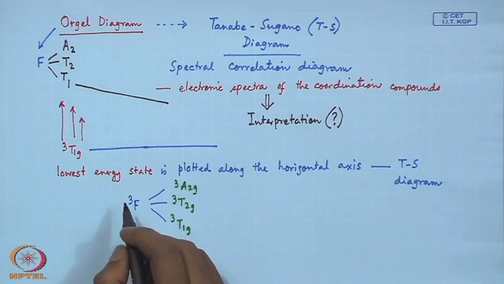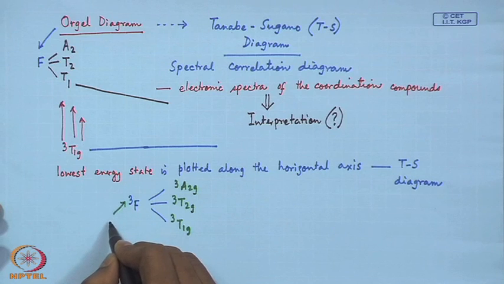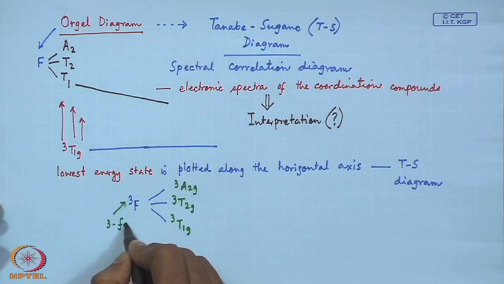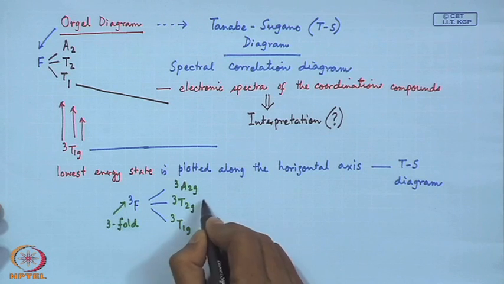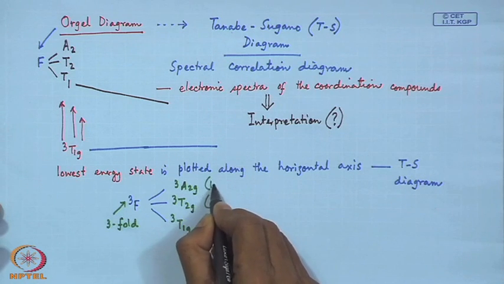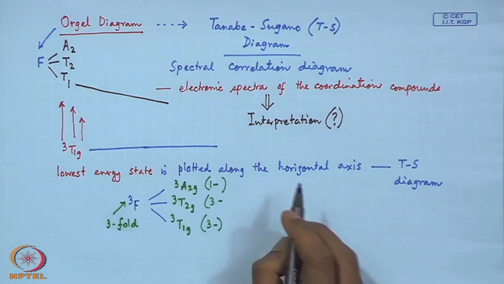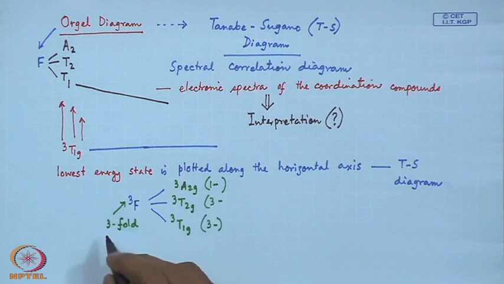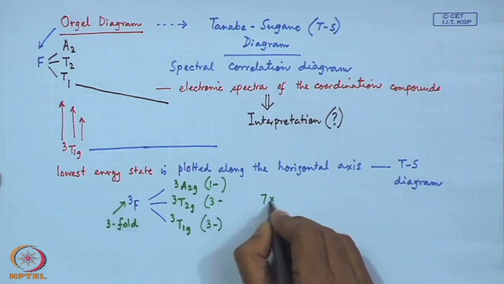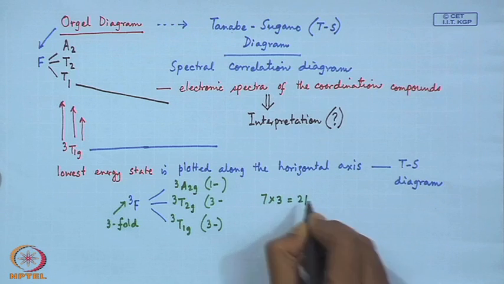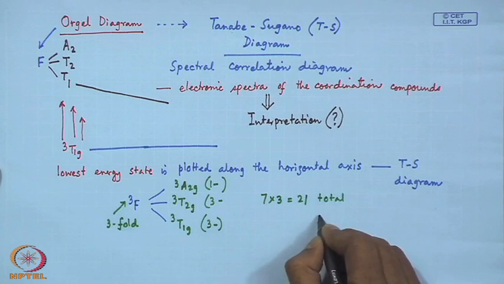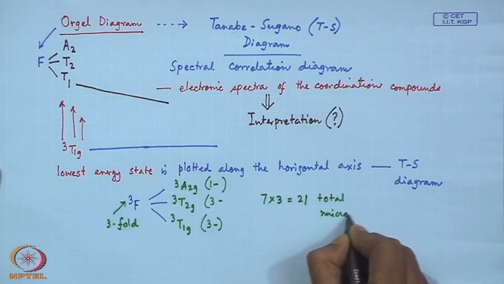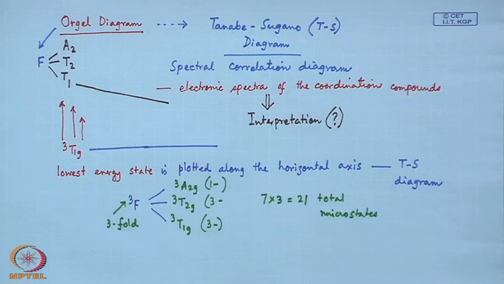The spin is 3-fold, but the orbital degeneracy here is threefold, this is threefold and this is one-fold. So altogether we have 3, 3, 1, that is 7, into 3. So 7 into 3 is equal to 21 total microstates we can get out of this particular term.